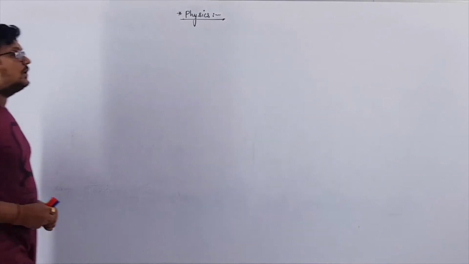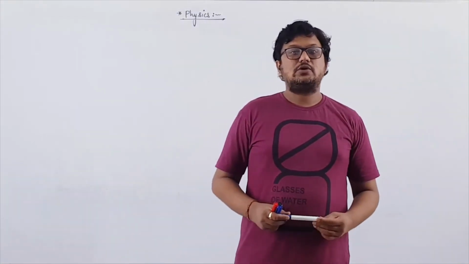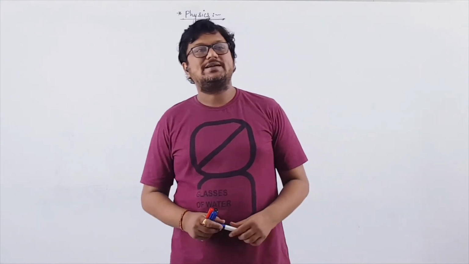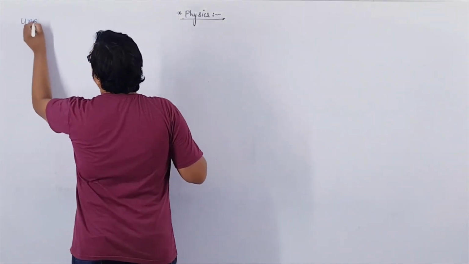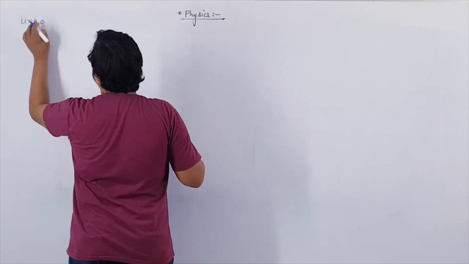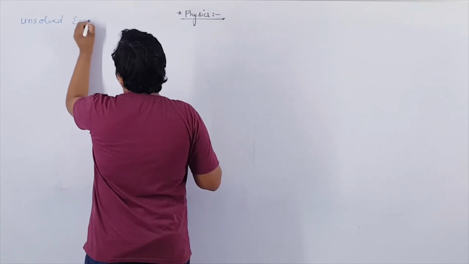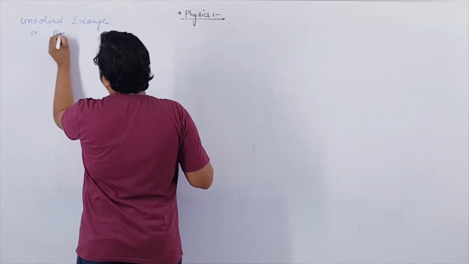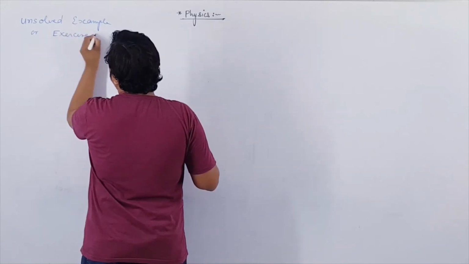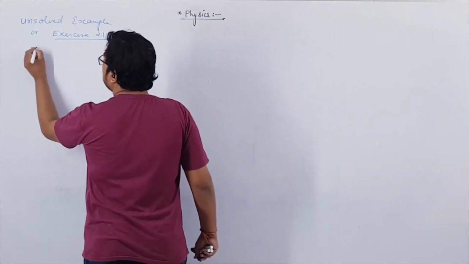Now let us consider another very simple example from our textbook. That is unsolved example 2.1, or you can say exercise 2.1. It is given to fill in the blanks.